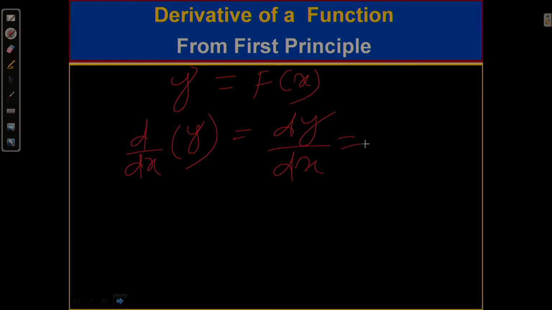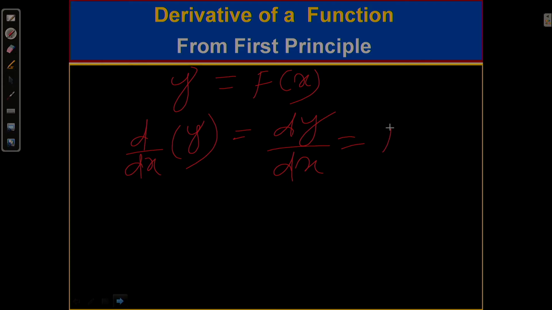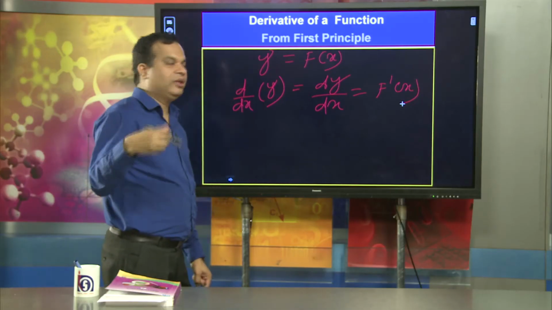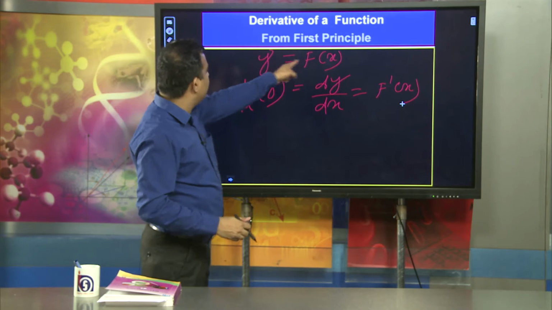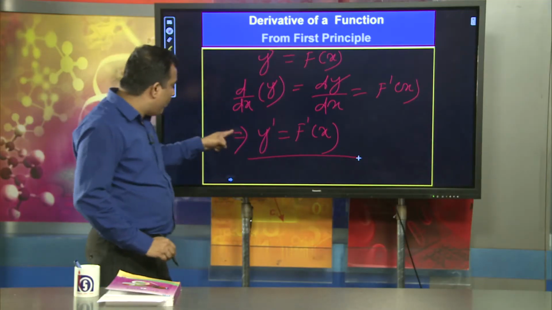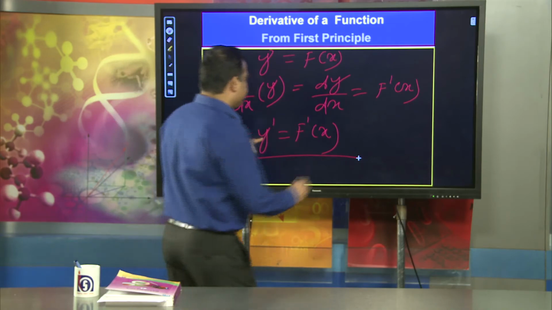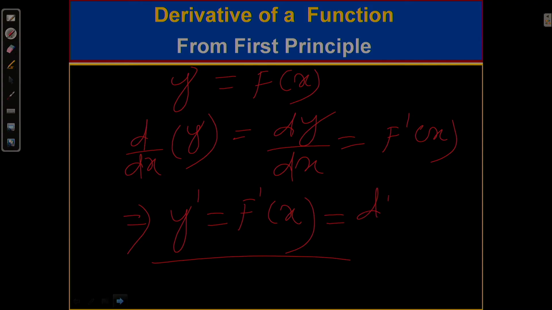If the function is f of x, the derivative of f of x is written f dash x. This is the nomenclature to write the derivative of the function. And if y equals f of x, I can also write y dash equals f dash x. This is the way of writing the derivative of a function with respect to x. Here also I can write dy by dx.